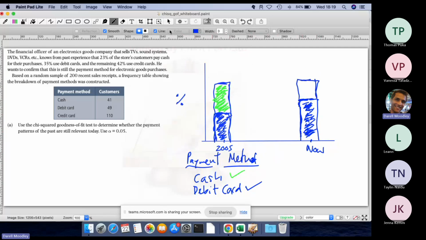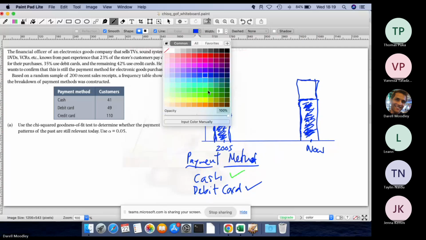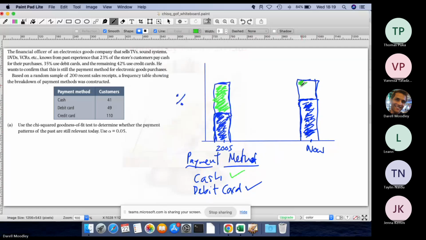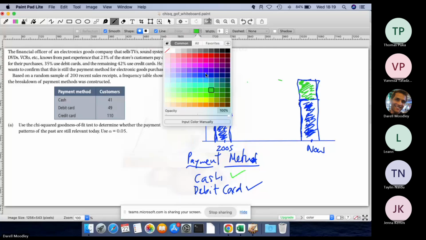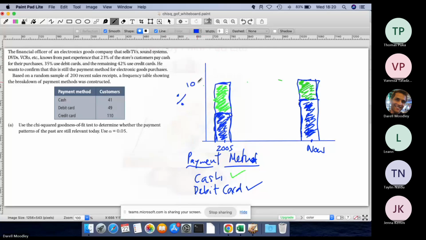So now this is the green block. Altogether this makes up 100%. So this is the percent frequency. This is the total of 100.